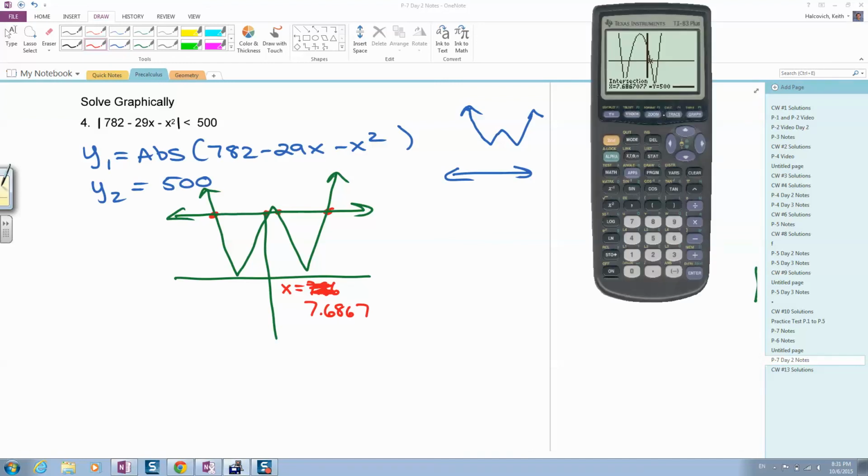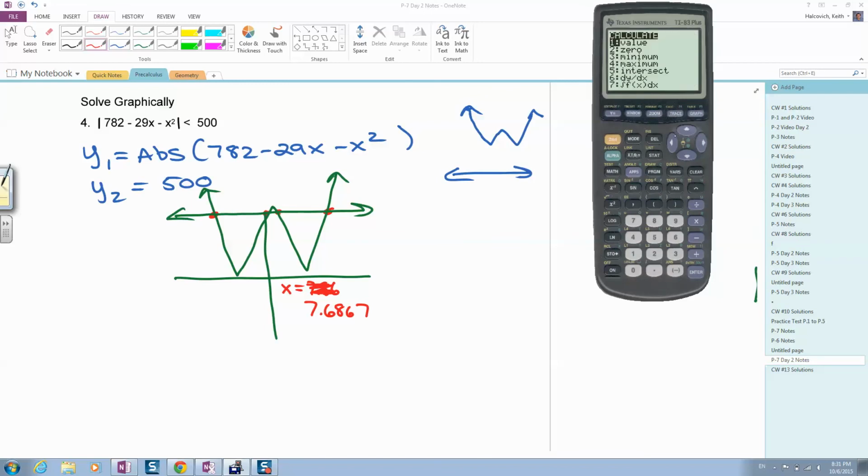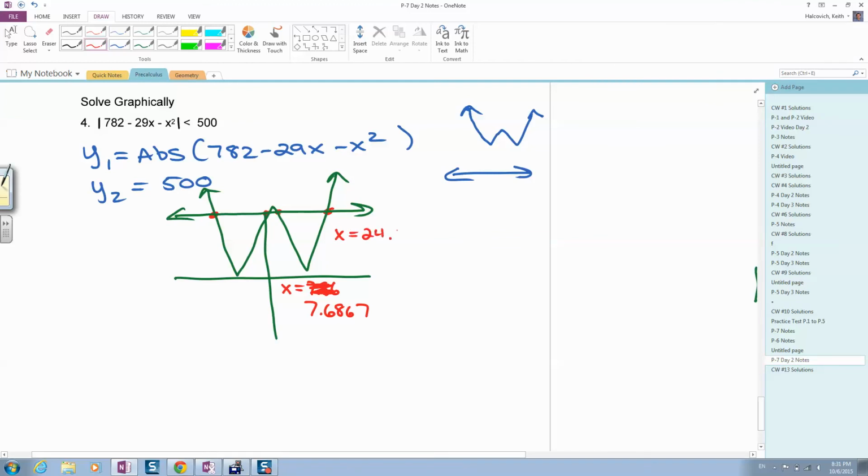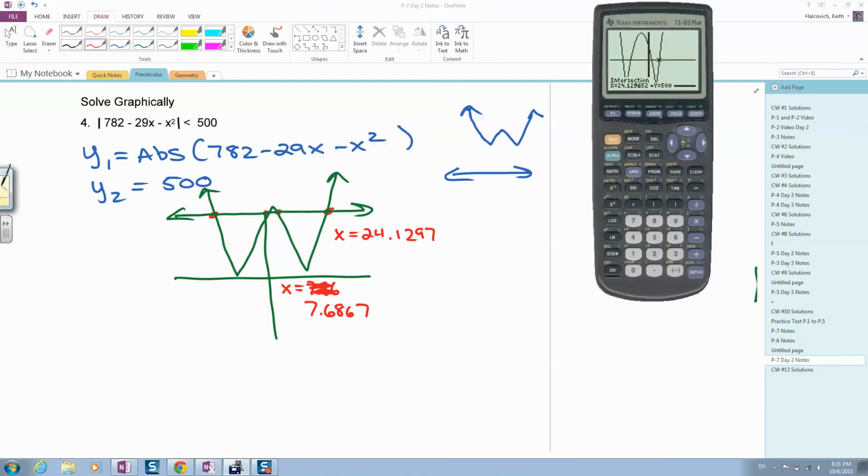Then we trace. And we get 24.1297. Then we do the other side. Negative 36.6867.